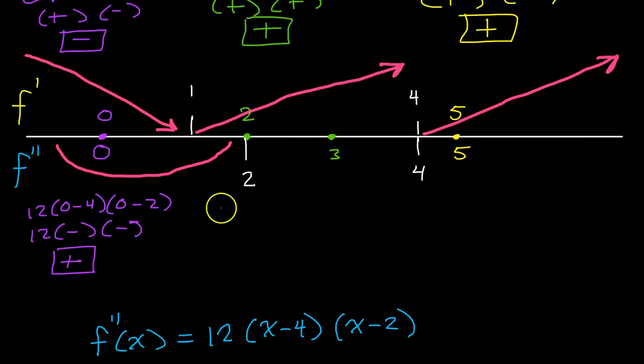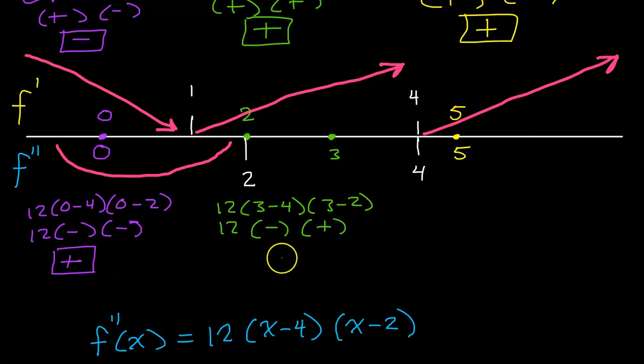Let's evaluate at 3. So we're going to have 12 times 3 minus 4 times 3 minus 2. So that's going to be 12 times a negative times a positive. So this will be an overall negative value, which means that the function will be concave down in this interval.